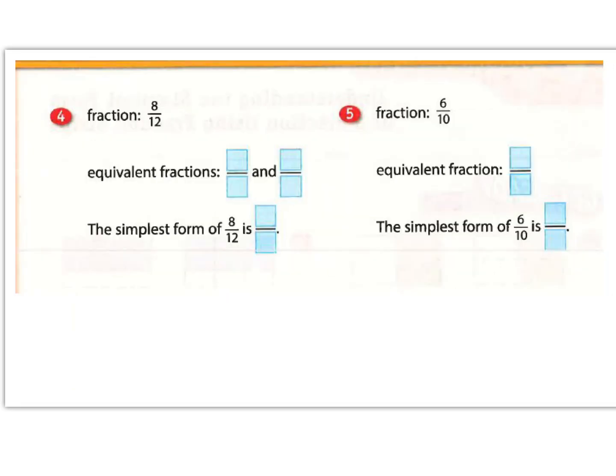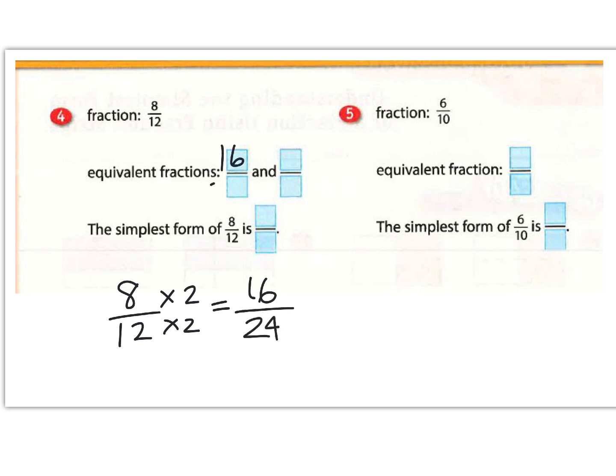All right, so here, number 4, we have 8/12. Equivalent fractions could be, so if we have 8/12, we can multiply top and bottom by 2. We can get 16 out of 24. There's 1 equivalent fraction of 8/12. And then how about we divide by 2?